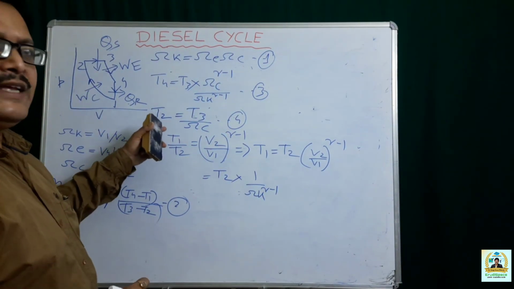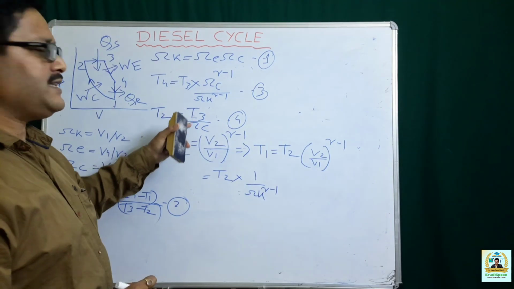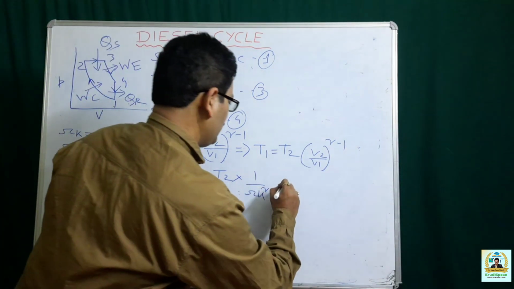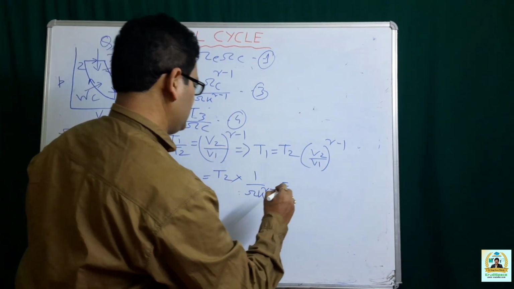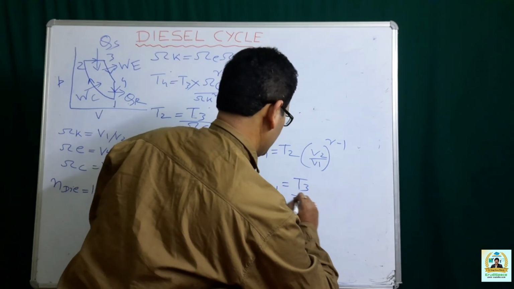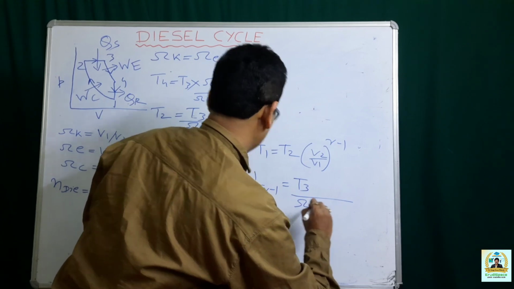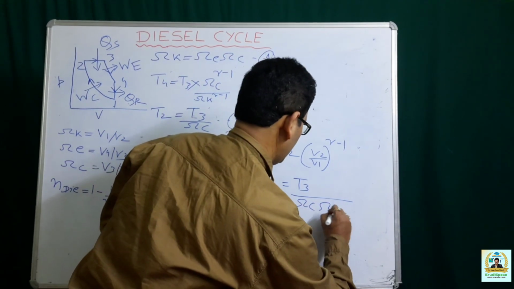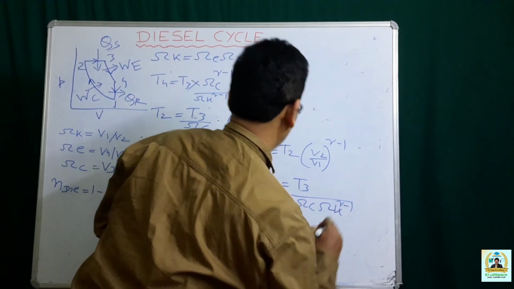Now already T2 is equal to T3 by Rc, so this value can be substituted. So this becomes T3 by Rc into 1 upon Rk to the power gamma minus 1.